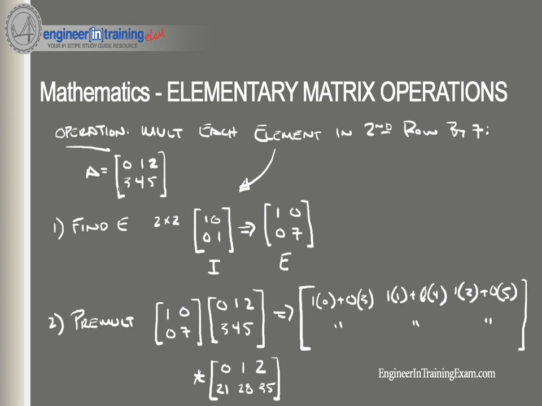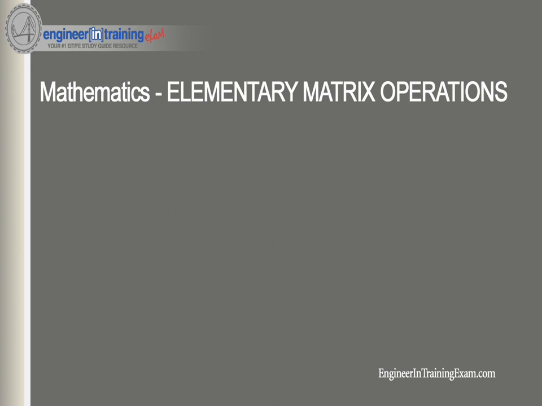Now let's look at one more example. Let's look at what happens when we're asked to do an elementary row operation multiplying one row and adding the result to another row. So let's say we're given a 2 by 2 matrix A with the elements 0, 1, 2, 3.